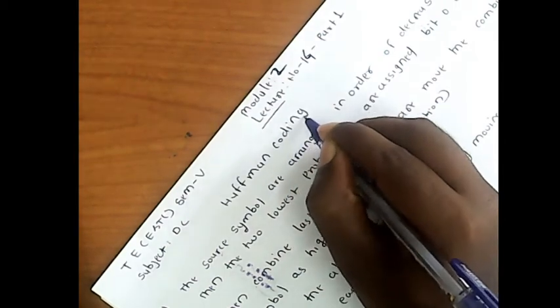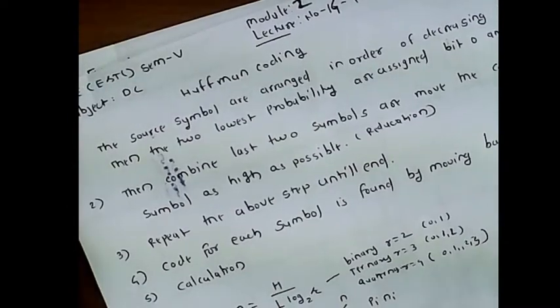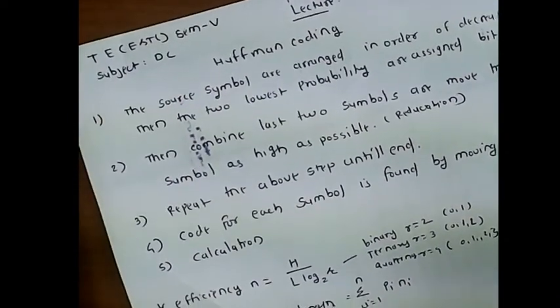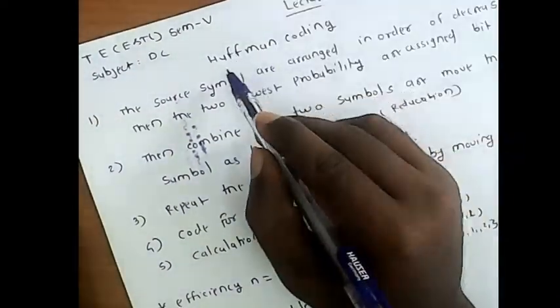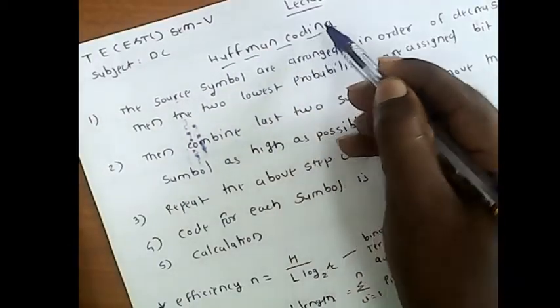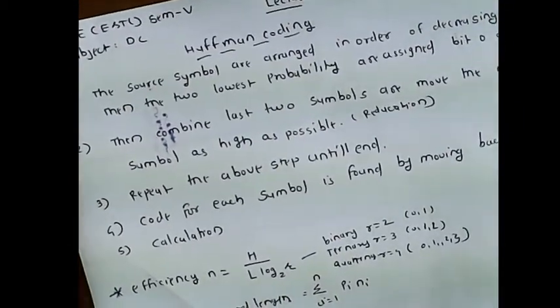In the previous lecture, we saw many examples based on Shannon-Fano coding. There are two techniques for source coding, an efficient way to represent statistical data in binary format. One is Shannon-Fano coding and the second one is pure Huffman coding.